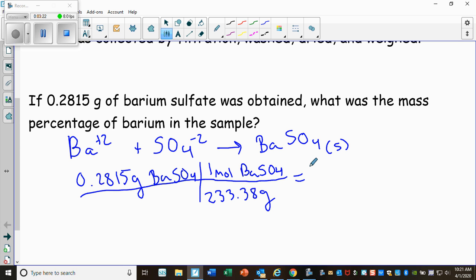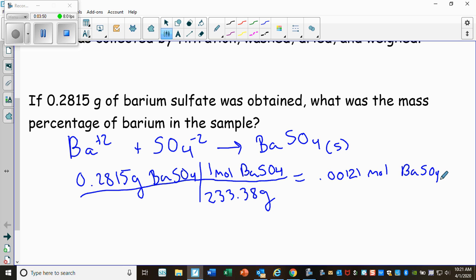So we end up with 0.2815 divided by 233.38. We end up with 0.00121 moles of the barium sulfate.